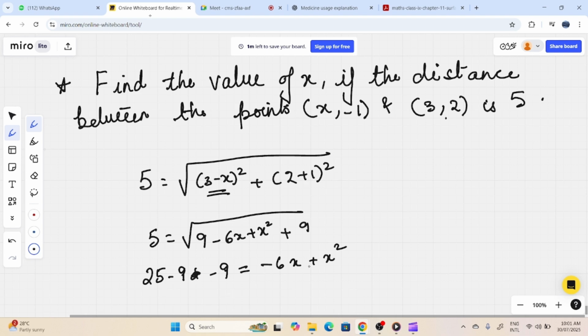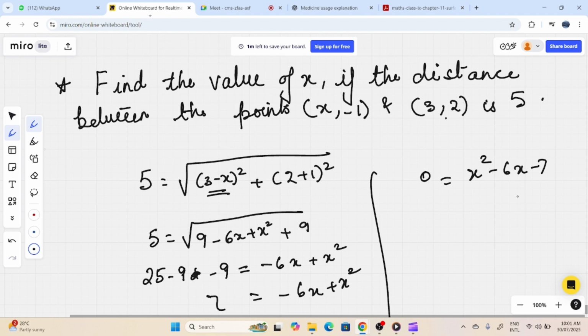If it is 7, x square minus 6x minus 7 equal to 0. Your quadratic equation. Middle term splitting.